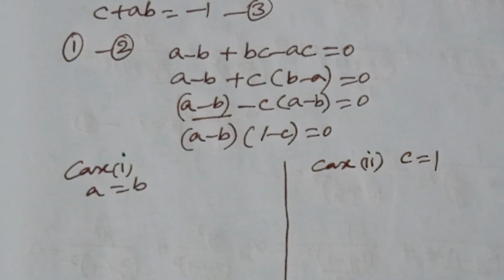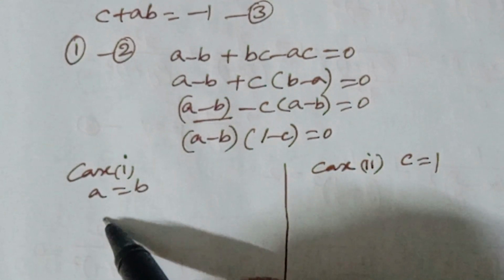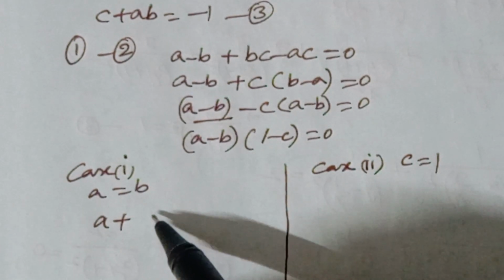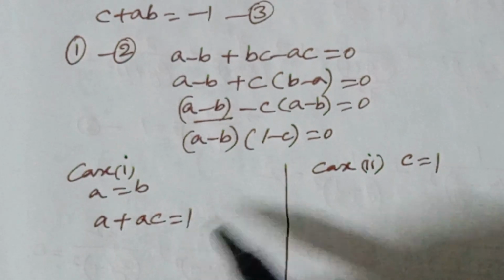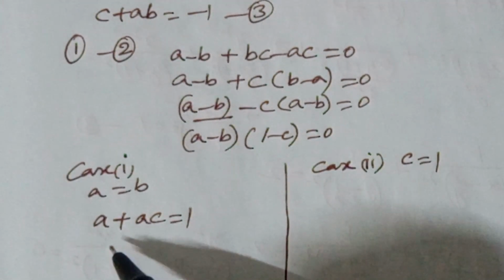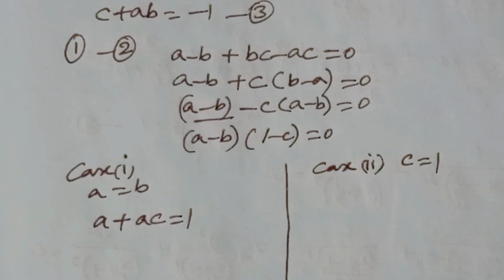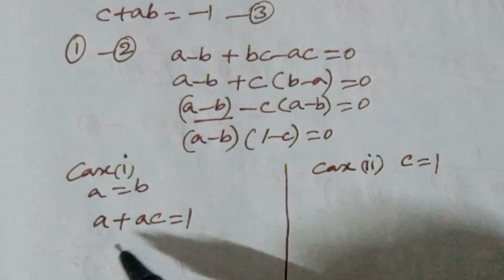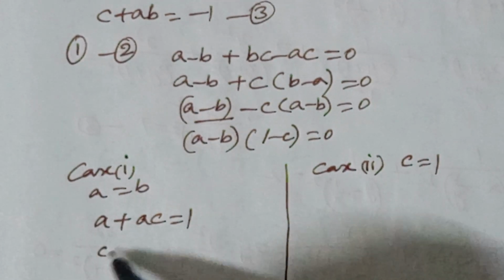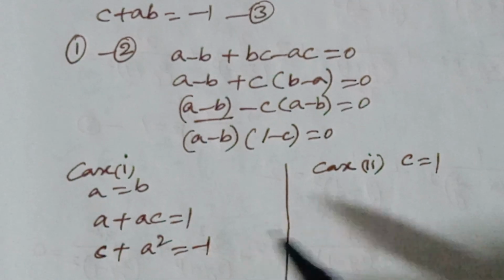So if a is equal to b, the first equation will become a plus ac is equal to -1, and the third equation will become c plus a square is equal to -1.